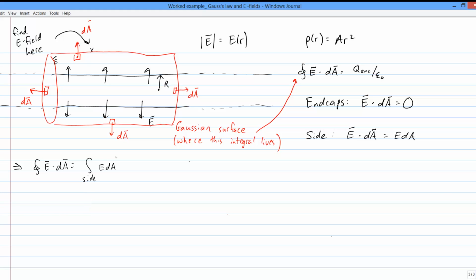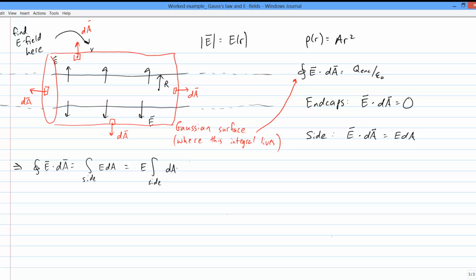We've decided that the E field can depend only on R, and the part of the cylinder that we're still considering exists entirely at one fixed R. And so the E field must be of the same magnitude everywhere on that surface, which is to say it's constant over the domain of integration. And so we pull it out.